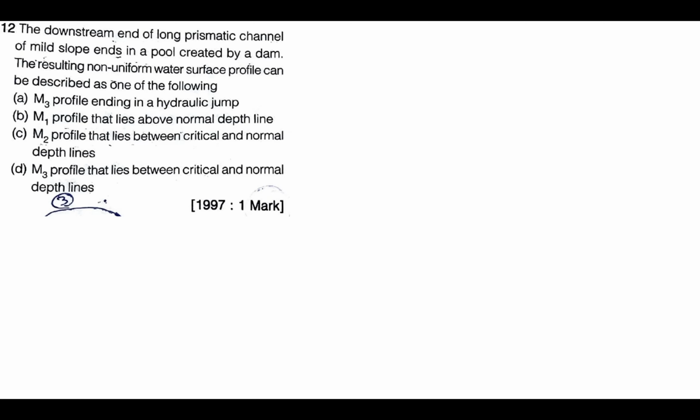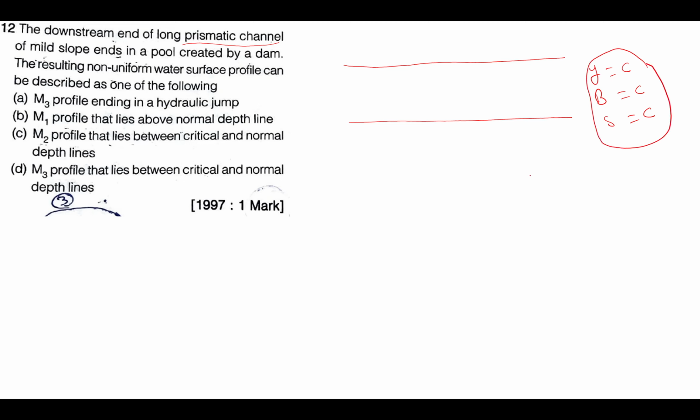So let us understand one by one for a new student. What is a prismatic channel actually? In a prismatic channel, throughout the channel your depth, width and slope should be constant. If anything changes, then your channel will be non-prismatic.